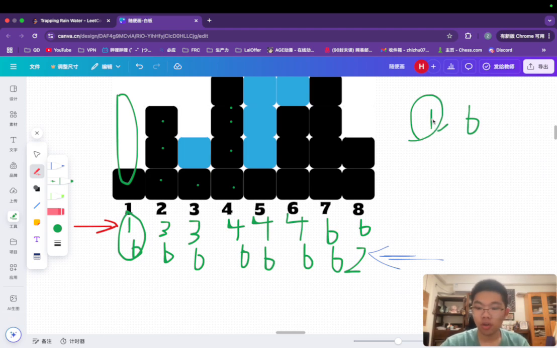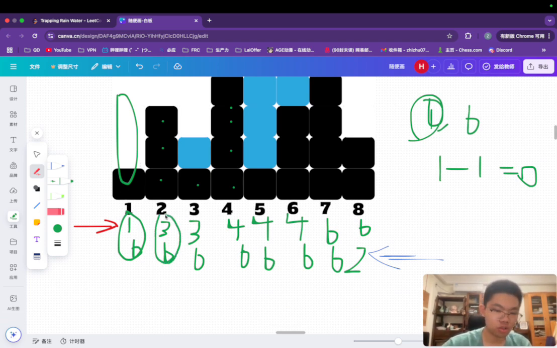And then we compare this value with the own value of this position, which is also 1. Actually, we just subtract the value of this position from the smaller value of the two additional arrays. So 1 minus 1 is 0, which means this position cannot trap any water, which is true. For the second position it is also true, so 3 minus 3 is also 0.